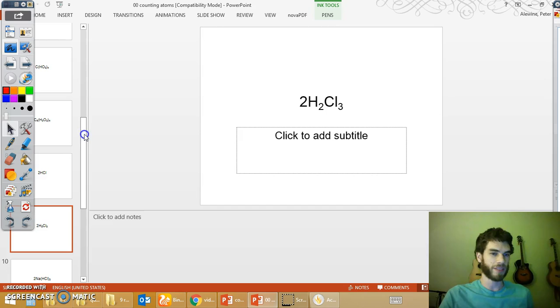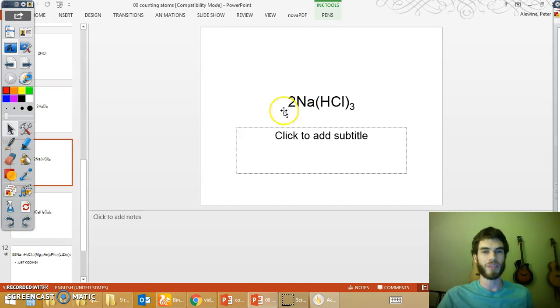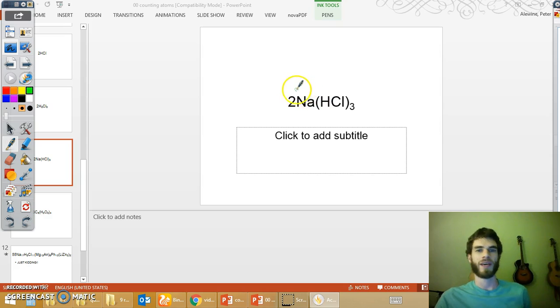But wait, it's about to get even more wild and crazy, because now not only do we have a big number and a little number, but we have some parentheses here. How are we even going to think about that? Well, let's look at just what the compound itself is first. Here we have 1 sodium, and we have this hydrogen chloride set in parentheses, multiplied by 3.